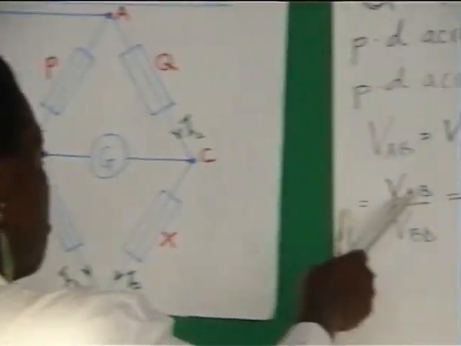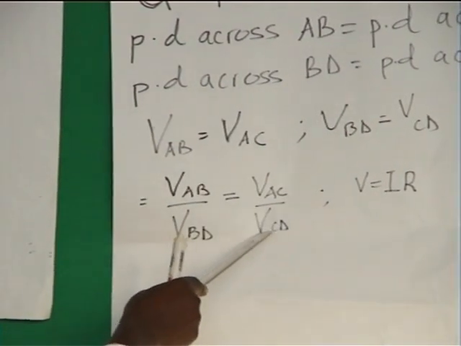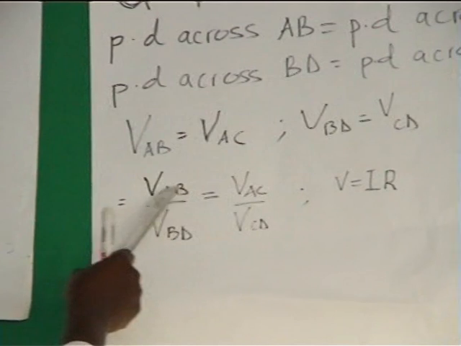Now, instead of VAB over VBD equal to VAC over VCD, substitute the value of V in each.